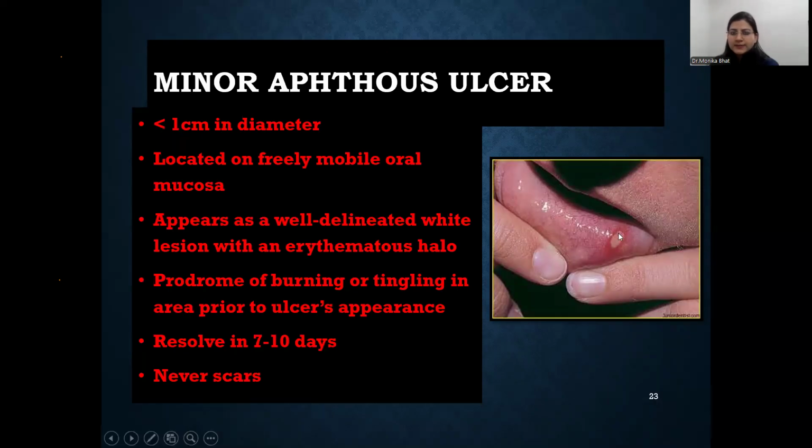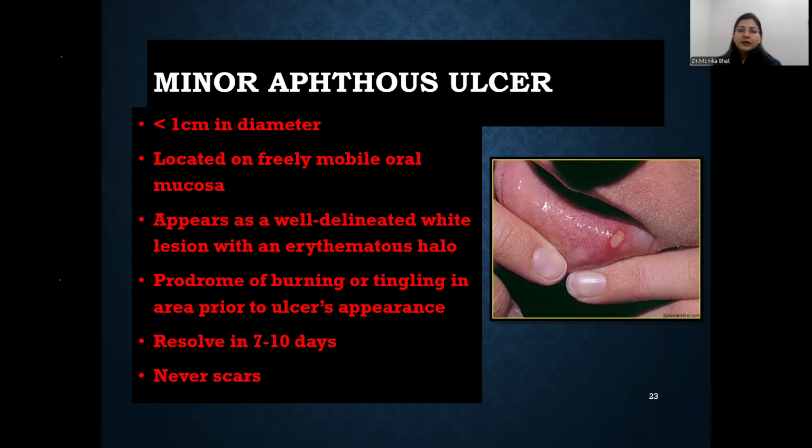Minor ulcers are usually less than 1 centimeter in diameter, located on the free or mobile oral mucosa, and appear as a well delineated white lesion with an erythematous halo. That basically means it is surrounded by erythematous borders, and the patient can have a tingling or burning sensation. This kind of ulcer usually resolves within 1 week, that is 7 to 10 days.